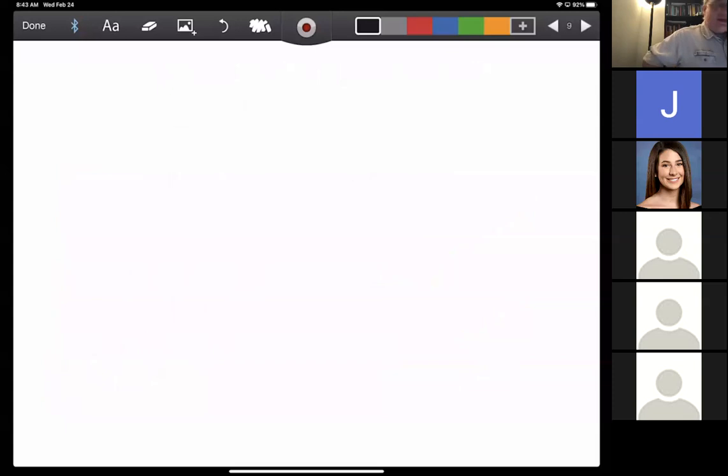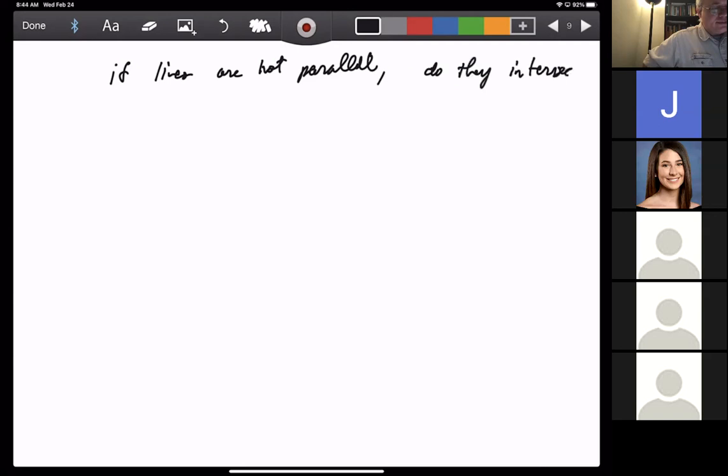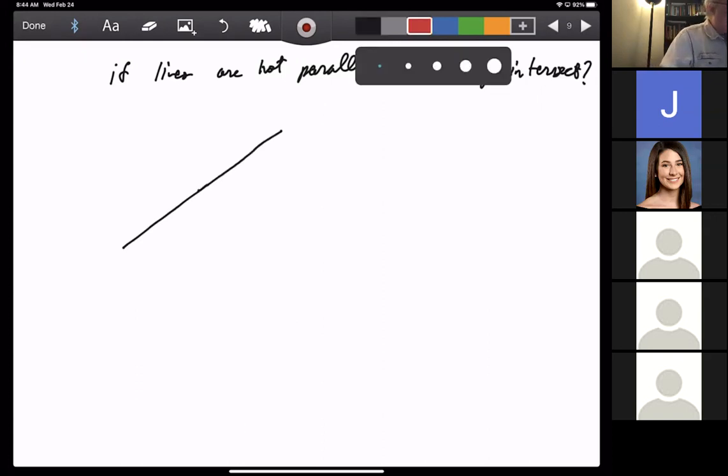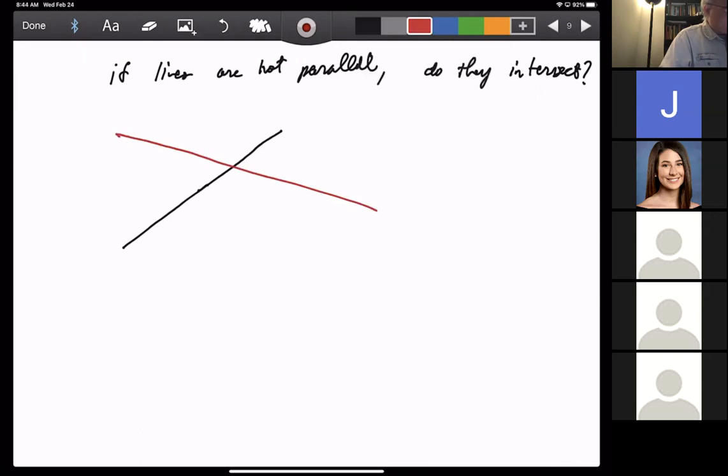So the next thing to check is if the lines are not parallel, do they intersect? Right, so we could have two lines that intersect in one and only one point.